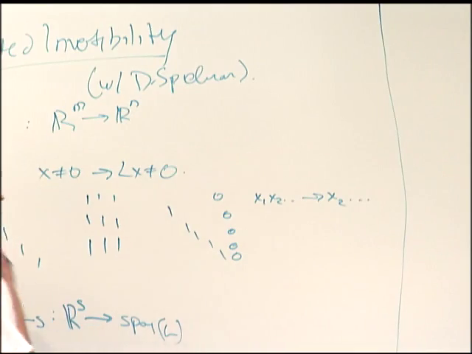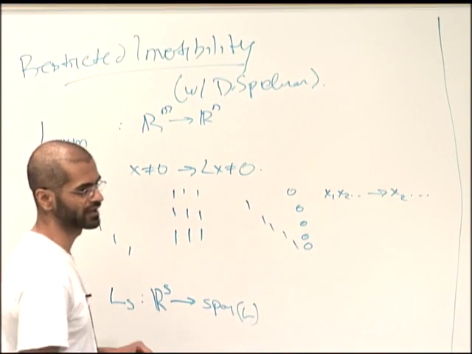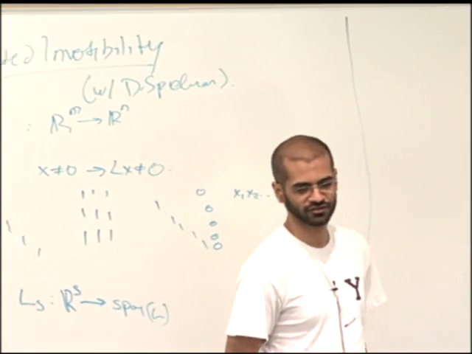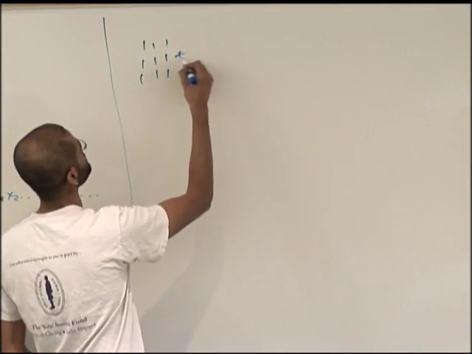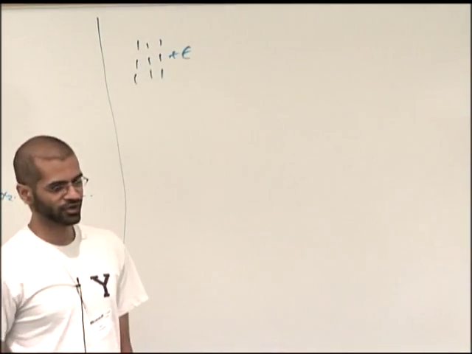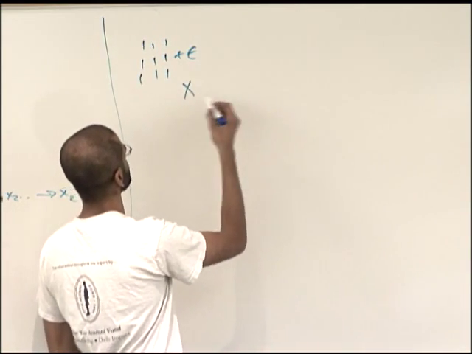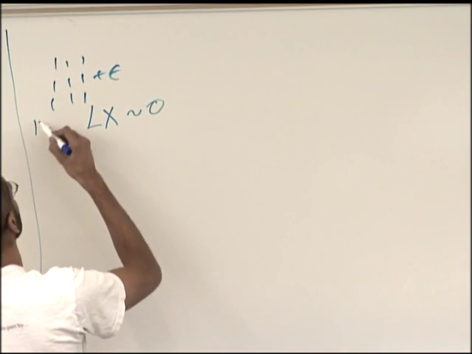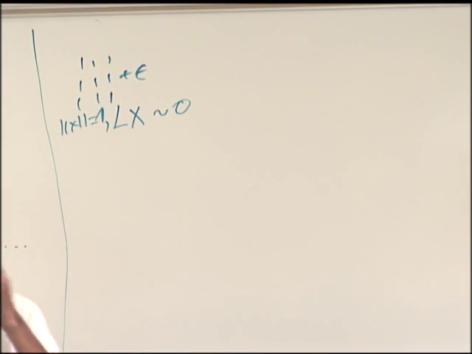There is one deficiency of this nice relationship between rank and invertibility, which is that it's not very robust against noise. If I give you this matrix and I add some tiny amount of noise to it, it now has full rank. And yet there are vectors x with unit norm for which Lx is very close to 0. So this is very close to being degenerate.